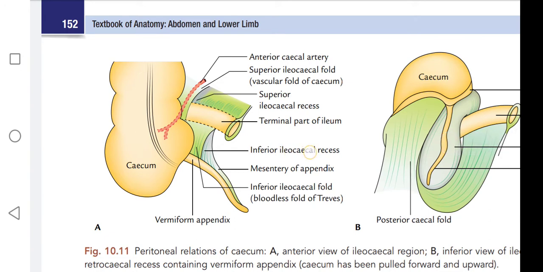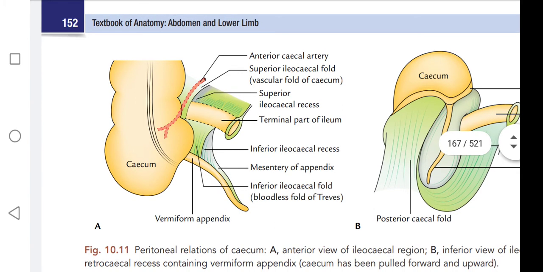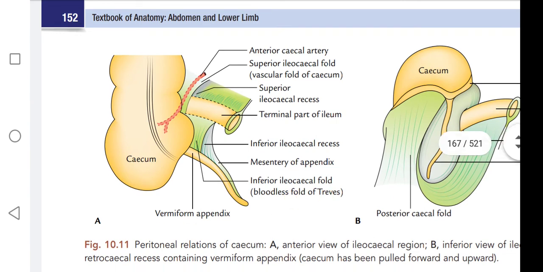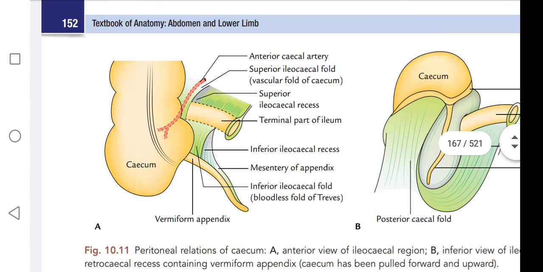The inferior ileocecal recess is covered by the inferior ileocecal fold. The inferior ileocecal fold is also called the bloodless fold of Treves because it does not contain any blood vessels. This is the vermiform appendix.